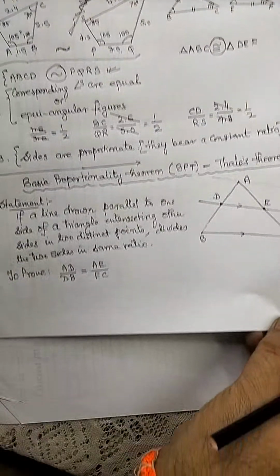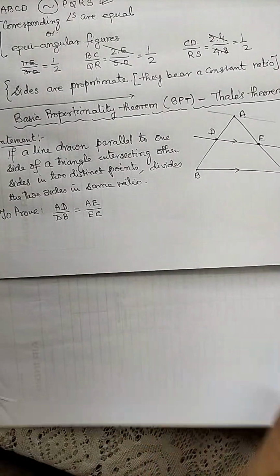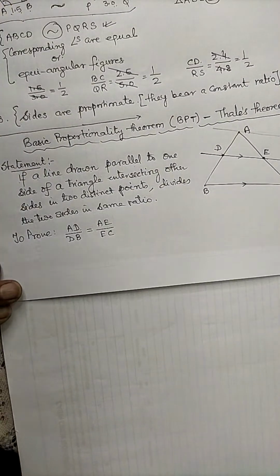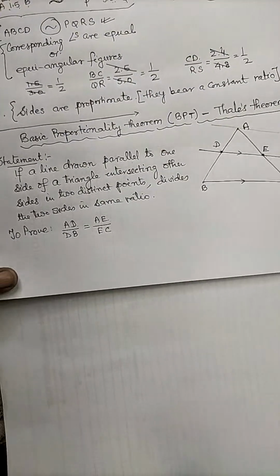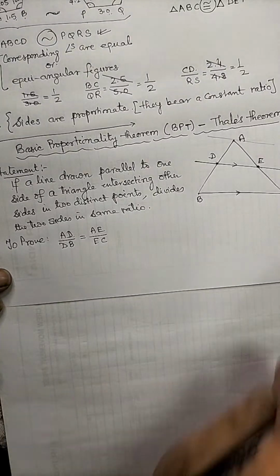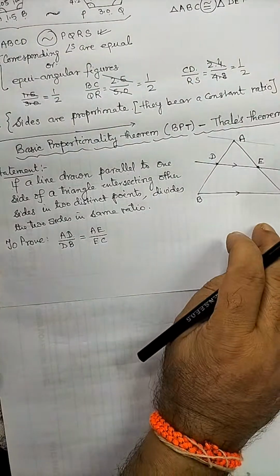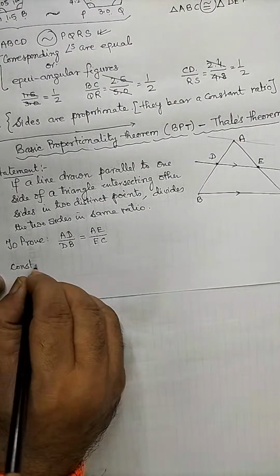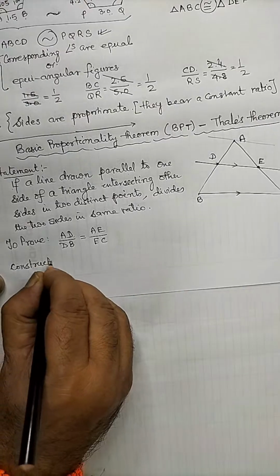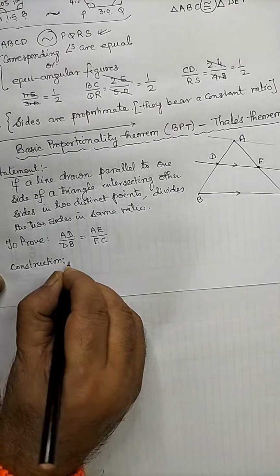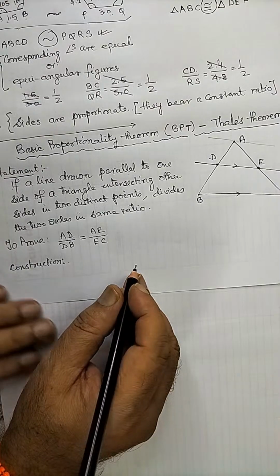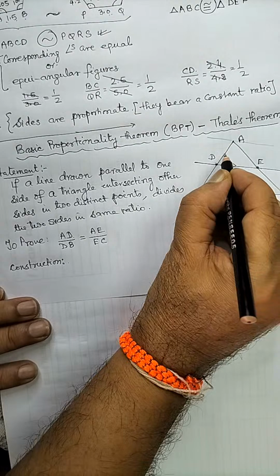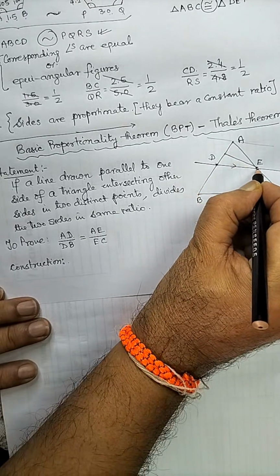Once again, let us see how we will proceed for the proof. Clear? Now, before we start the proof, let us just make some constructions. क्या constructions होंगे इसमें? जैसे हम थ्योरम्स में कंस्ट्रक्शन करते हैं, उसी तरह यहाँ भी कुछ कंस्ट्रक्शन करना पड़ेगा. So what is the construction? From E, draw a perpendicular to this side.